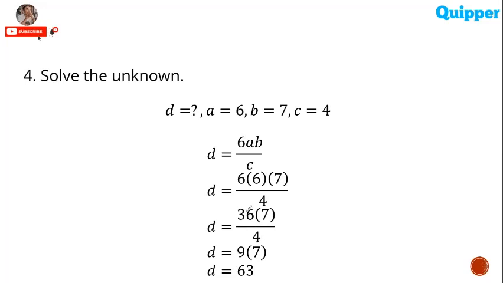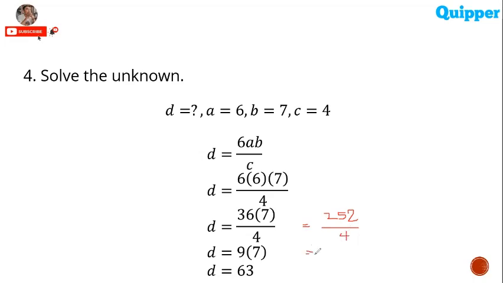That is, you can divide first 36 and 4, so that's 9 times 7 is 63. Or you can multiply 36 and 7, then divide 4. It's just the same as 252 divided by 4.